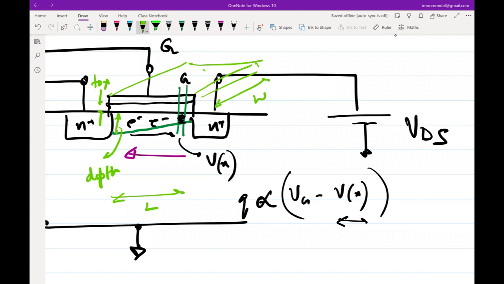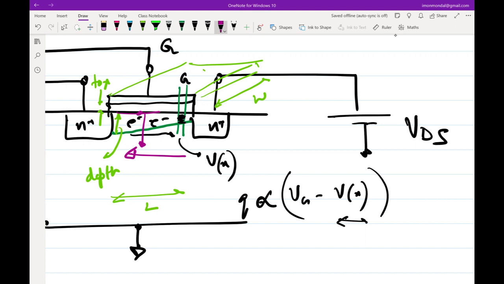you have to note that these are all mobile charges. There is no reason for us to believe that these mobile charges will be spread uniformly. What I'm trying to get at is that you start from the interface and go down, and it's not necessary that the charges will be spread out uniformly as you go down, because they are mobile charges. If they see an electric field, they will go up.